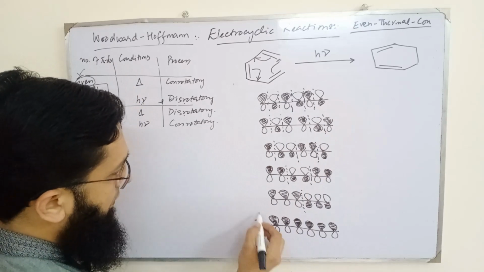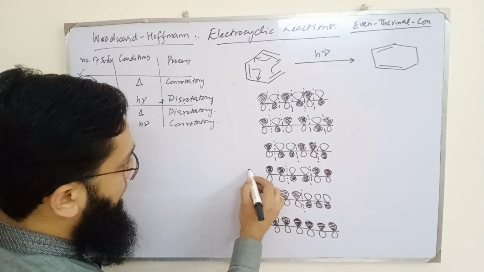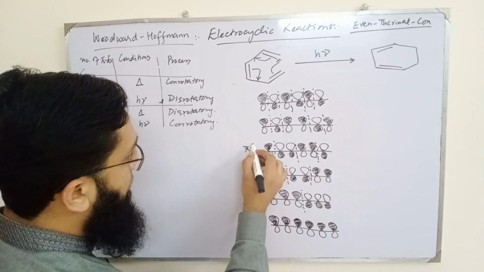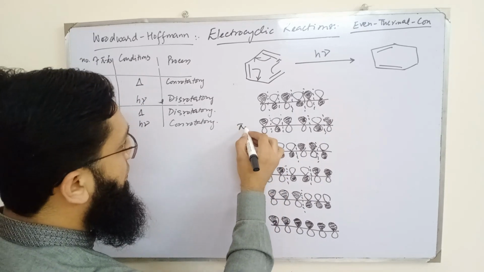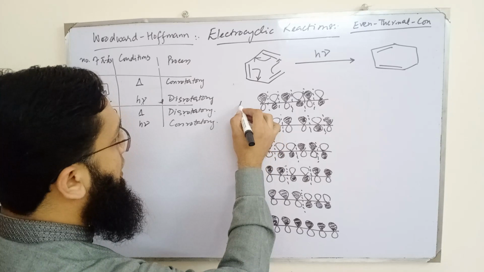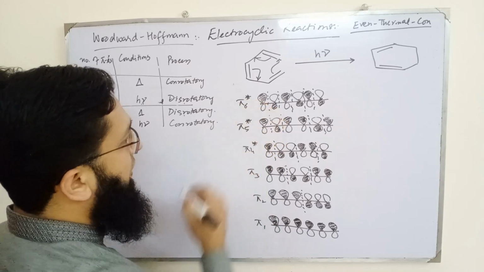This is pi 1, pi 2, pi 3, pi 4 star antibonding, pi 5 star, pi 6 star.